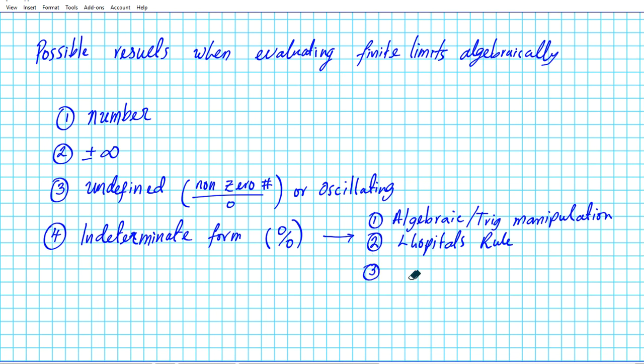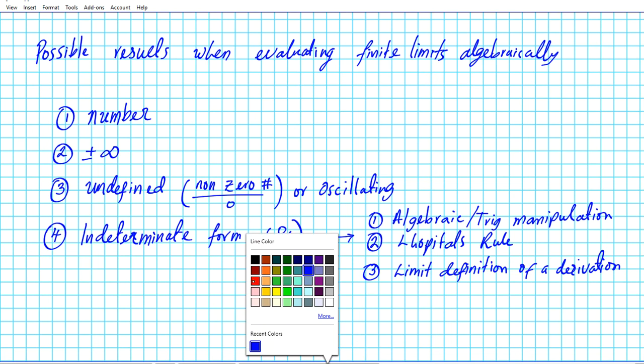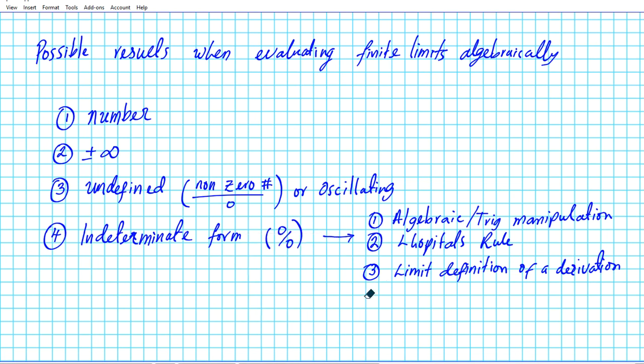And lastly, this is a special scenario where you can apply the limit definition of a derivative. This doesn't always work, just like the first one. There has to be a problem of a particular format. Limit definition of a derivative problems are basically limits of the form limit as h approaches 0 of f of x plus h minus f of x over h.